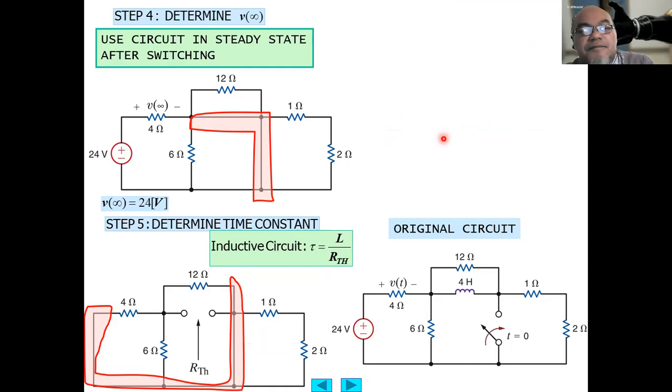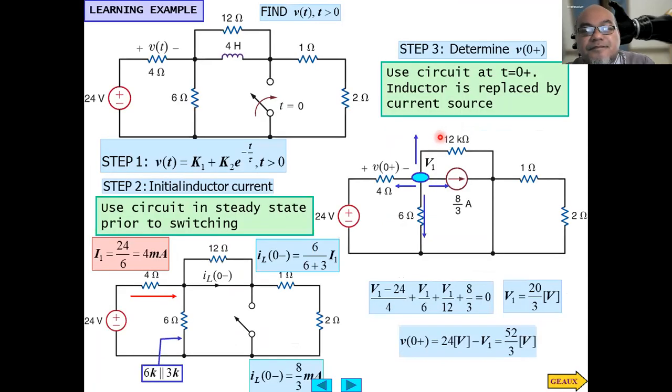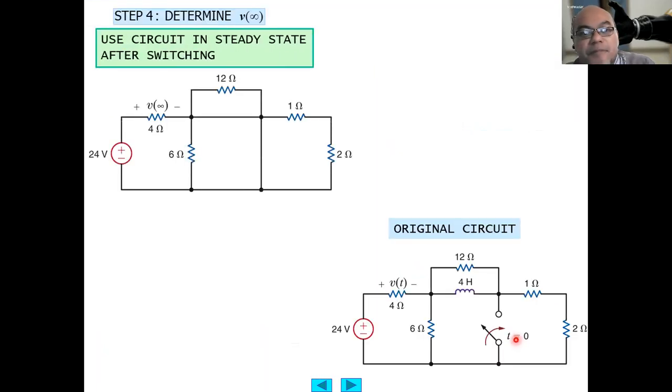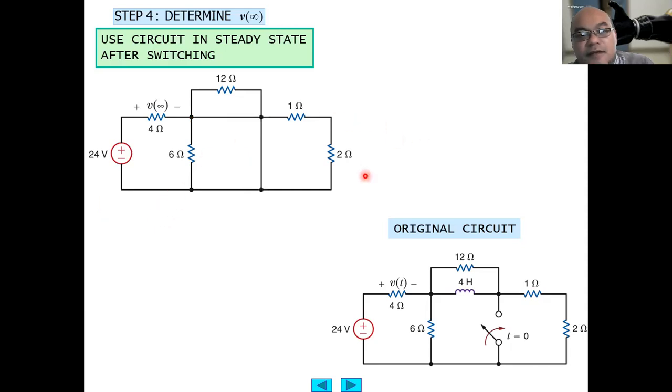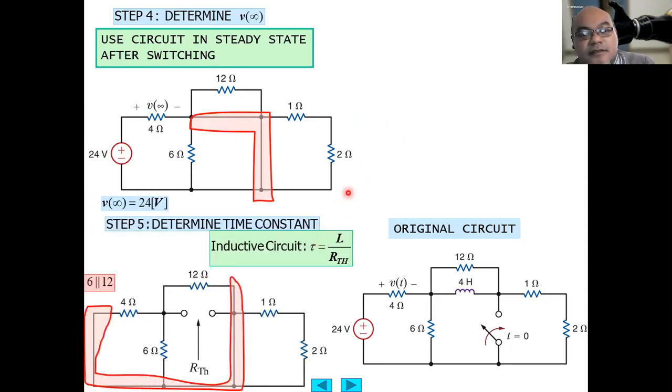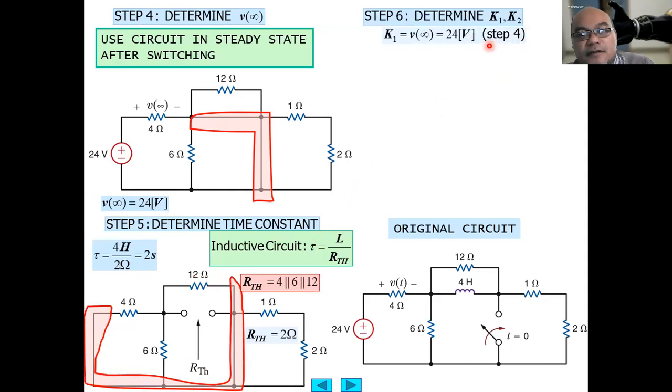The standard form is K1 plus K2 exponent minus t over tau. The initial value is 52 over 3 volt. The steady state value is 24 volt, so the steady state is supposed to be K1. Yes, this is correct, 24 volt.